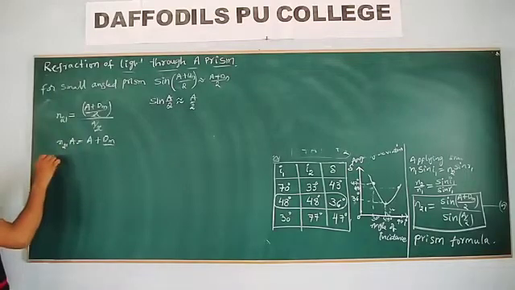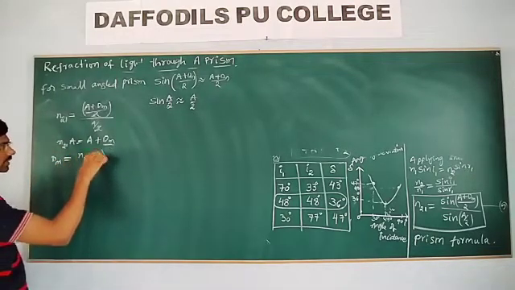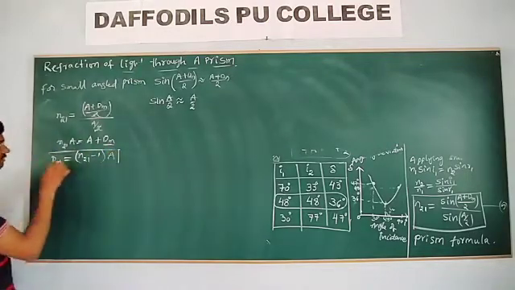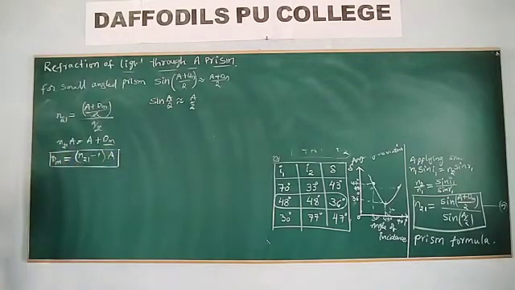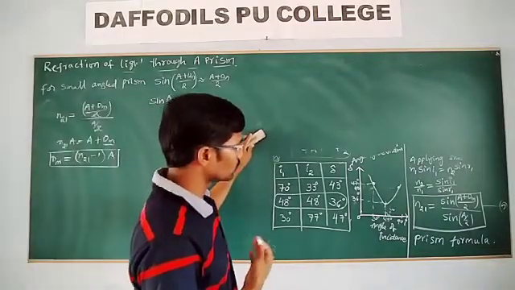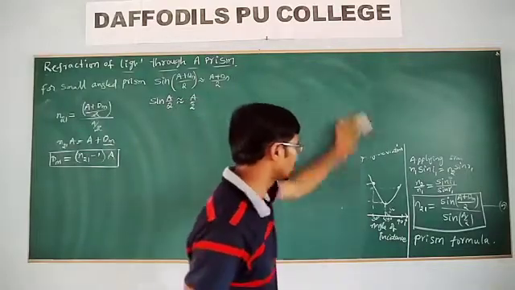Bring this A to this side. Then dm is equal to n21 minus 1 into A. This is the minimum deviation for a small angle prism.